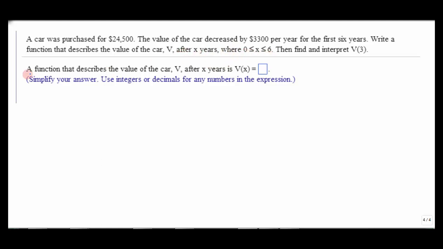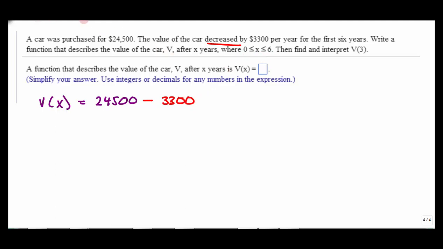So the first thing it says, a function that describes the value of the car after x years is v of x. So v of x. Well, the most the car will ever be worth is $24,500, and then it will decrease. It's going to get lower in value by $3,300. But not just $3,300 the first year, but the first, second, third, fourth, fifth, and sixth.